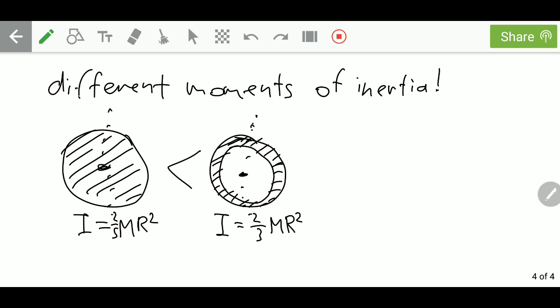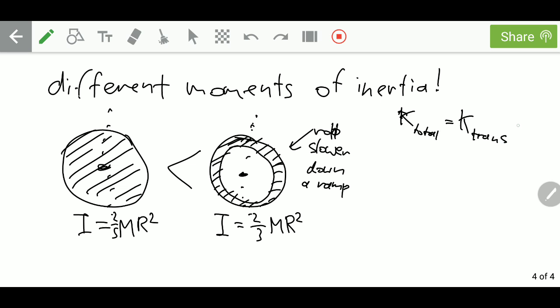From these two moments of inertia, you can then conclude that this one will roll slower down a ramp. And why is that? Well, when an object rolls, it has total kinetic energy equal to translational kinetic energy plus the rotational kinetic energy.